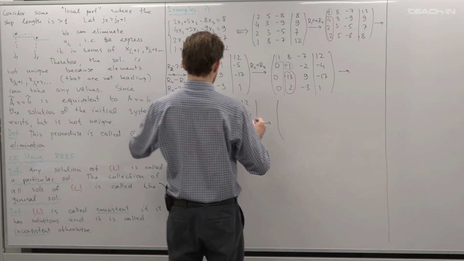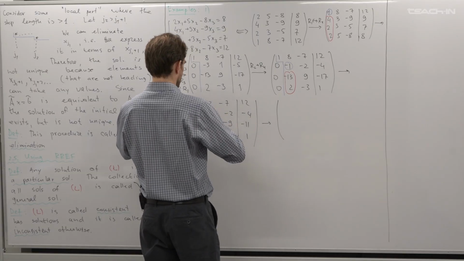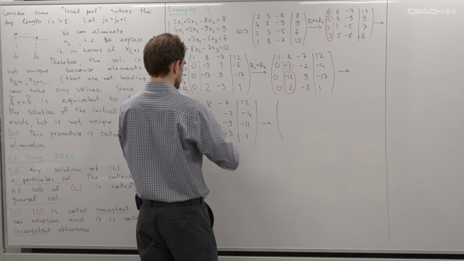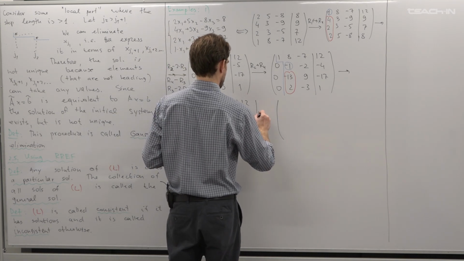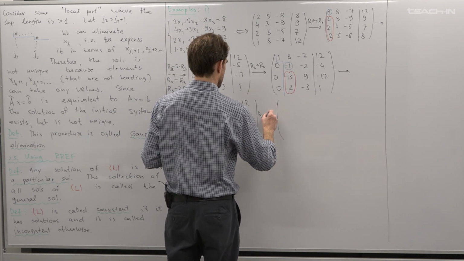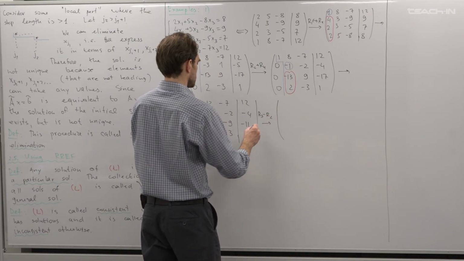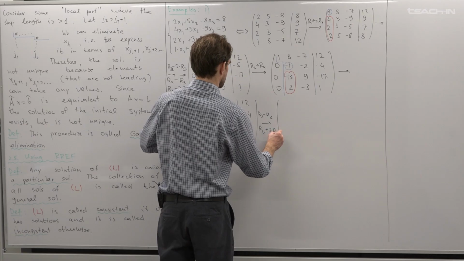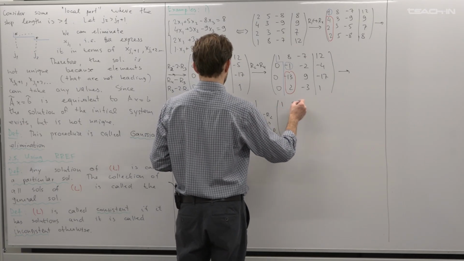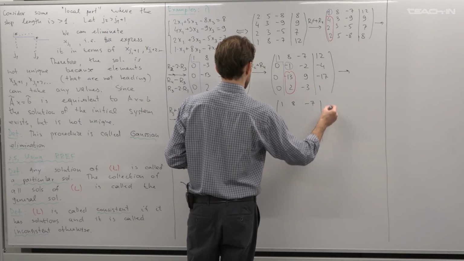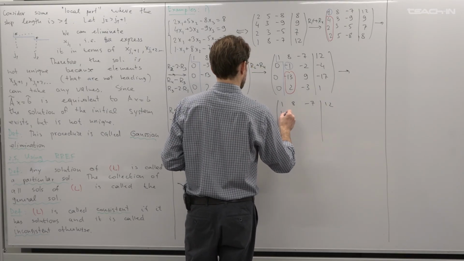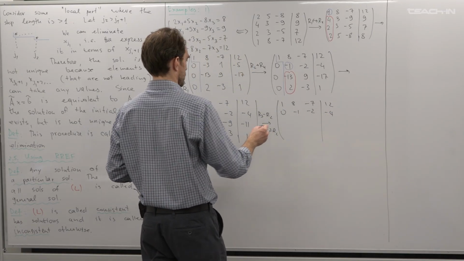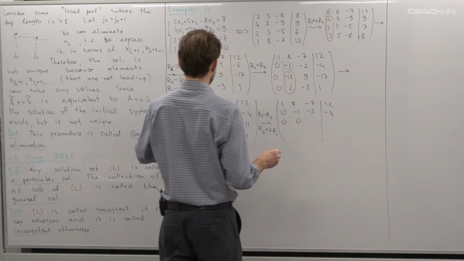Okay, so then we consider the difference of the third row and the second one, so row 3 minus row 2, and row 4 plus 2 times row 2. So we keep the first two rows unchanged here. 1, 8, minus 7, 12, 0, minus 1, minus 2, minus 4. Then we get 0, 0.